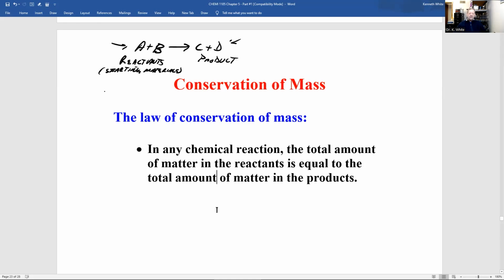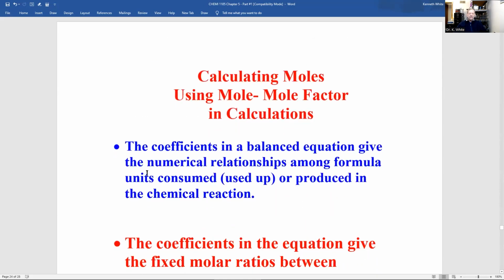Now, I'll never ask on a test, what's the law of conservation of mass? But it's important to know, to understand the following. What I'm about to tell you and teach you is probably one of the most important concepts in all of chemistry for me.